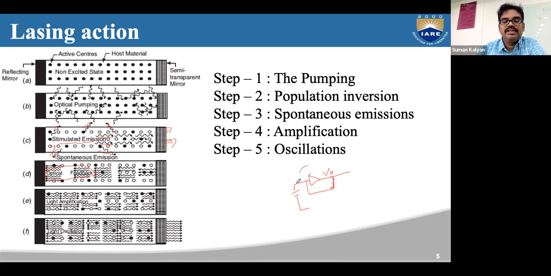So this looks like an electronic oscillator. This is what we call feedback. Whatever output we get from the spontaneous emissions, we send it back. So this will be a continuous process.